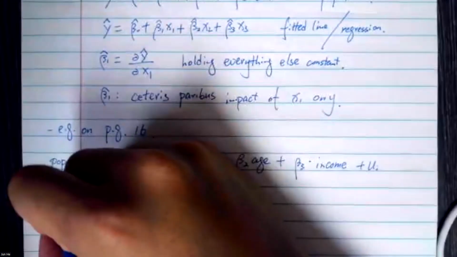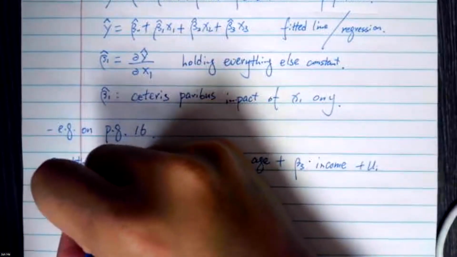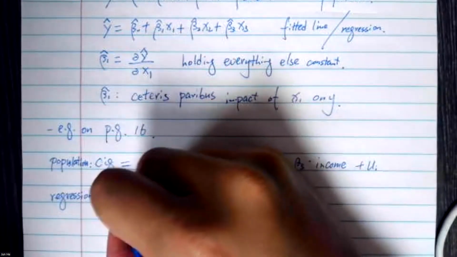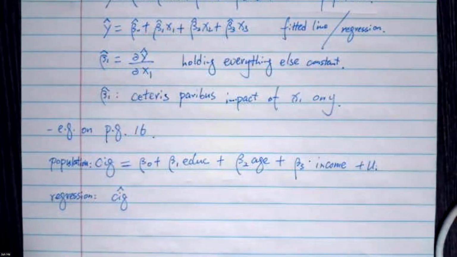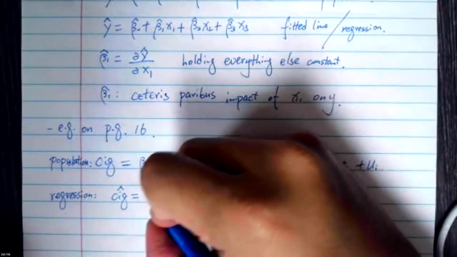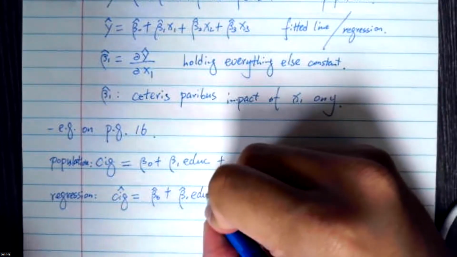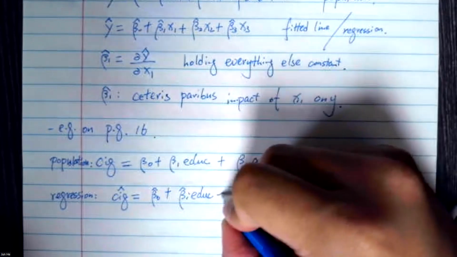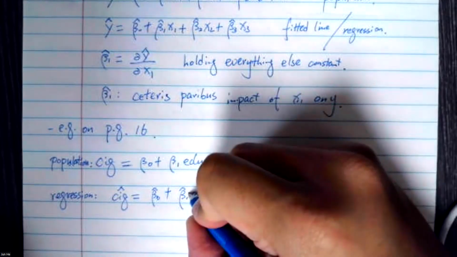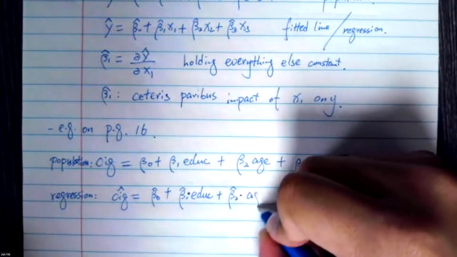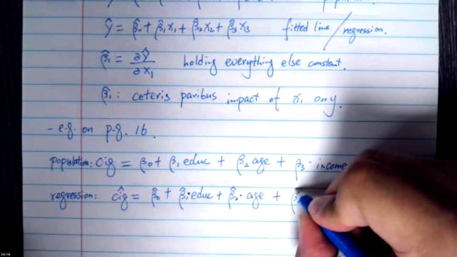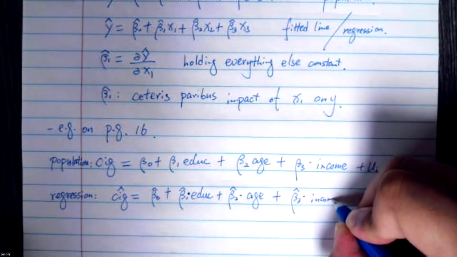And then the regression should be estimated cigarette consumption equals beta 0 hat, estimated by the model, by Excel, plus beta 1 hat by education, plus beta 2 hat by age, plus beta 3 hat by income.